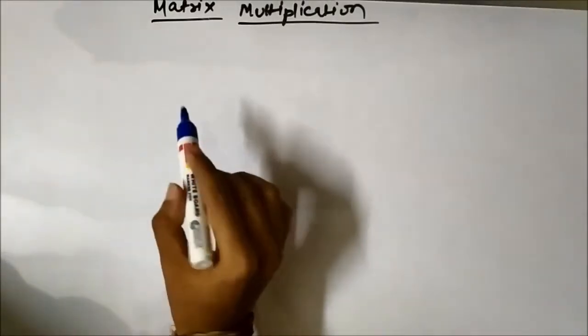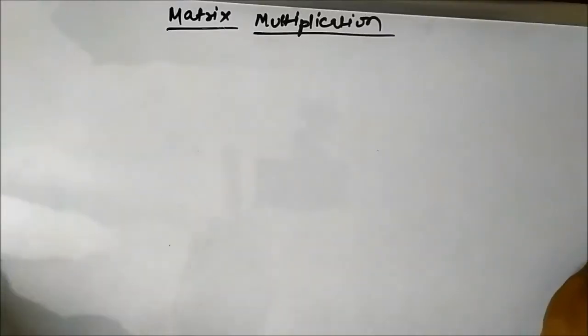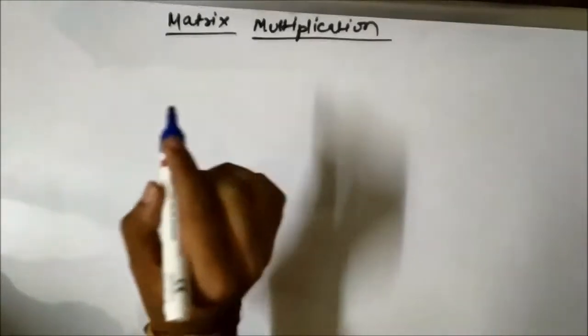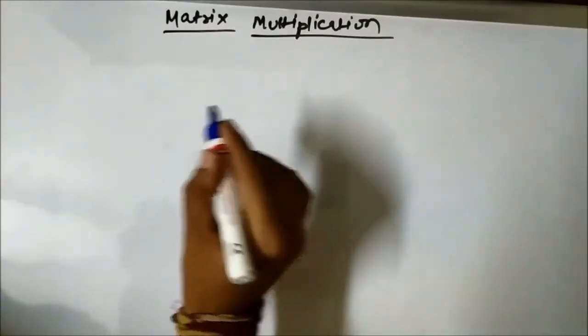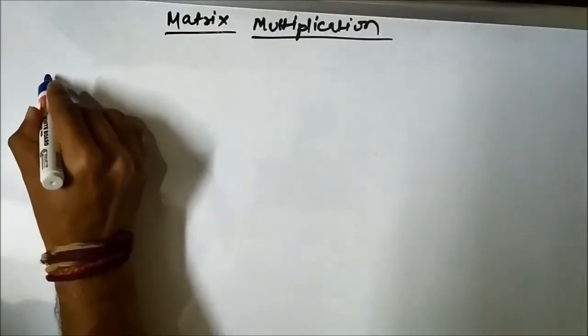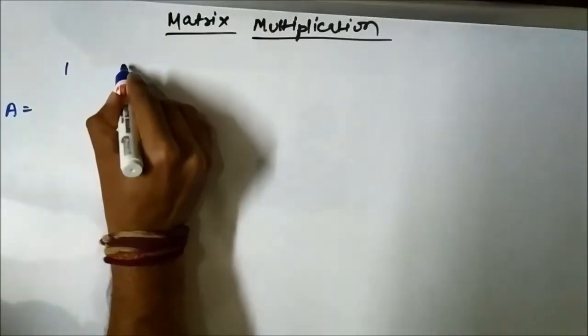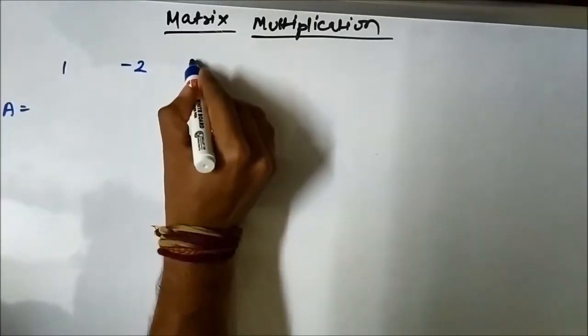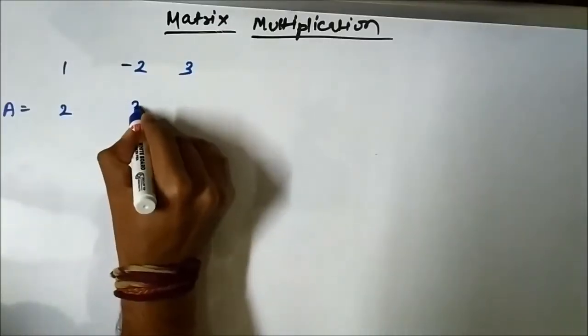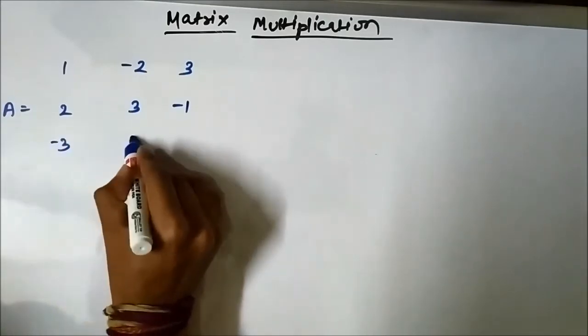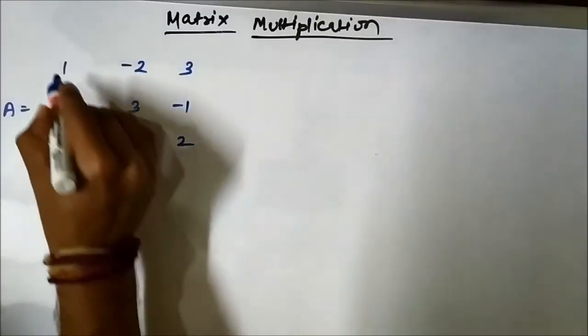Okay, so let us perform the matrix multiplication of two square matrices of order 3. Let's say we have two matrices. The first one is A: 1, minus 2, 3; 2, 3, minus 1; and minus 3, 1, 2.